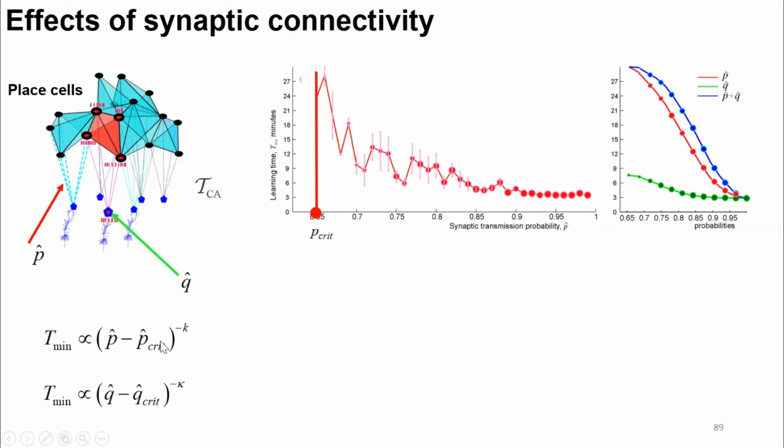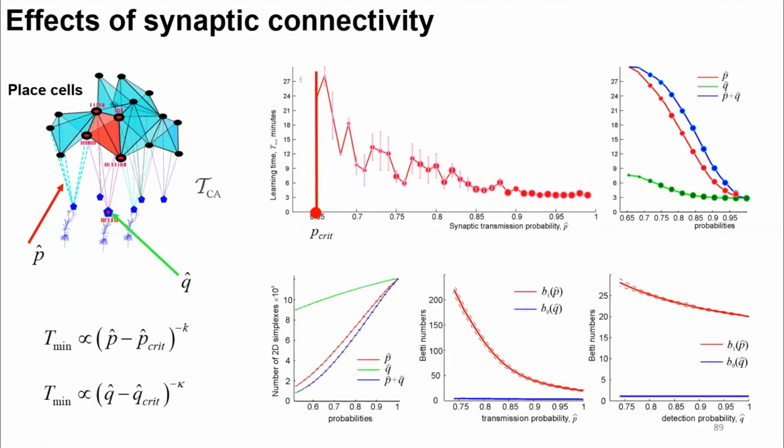There is a critical value for P and a critical value for Q, and this is how things depend. And I don't have time to talk about the topological side. What's happening is we can describe the dynamics of topological defects in the simplicial complex, but basically the whole idea is here.